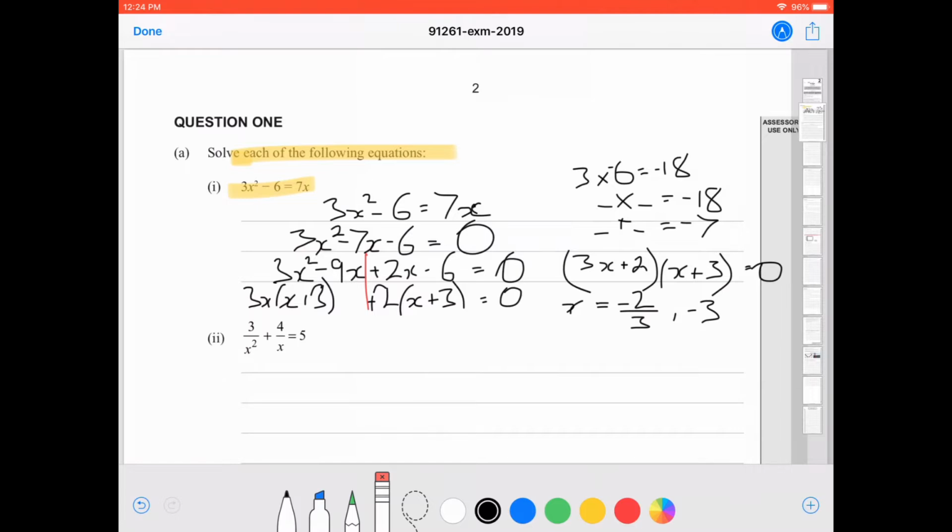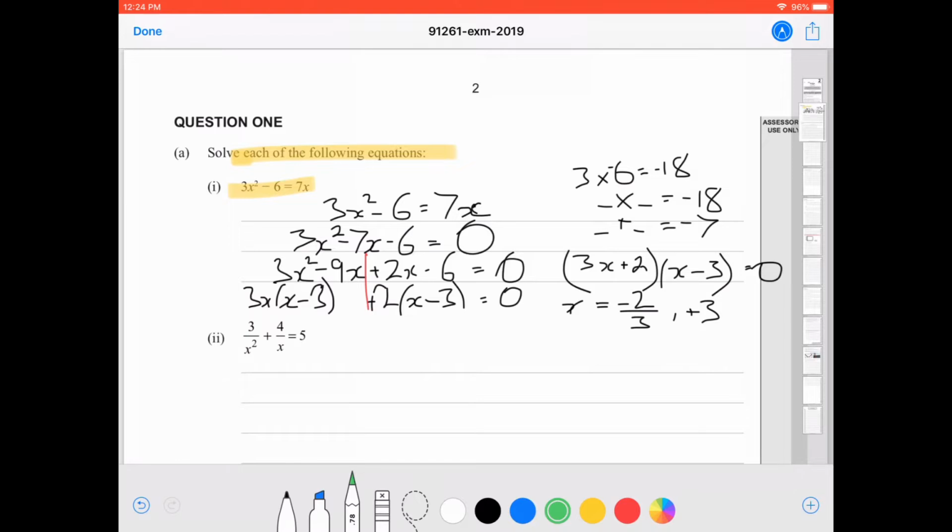Mistake. So we're looking at negative 3 inside the brackets. So we've got minus 3, minus 3, minus 3, and so this makes our answer for x as positive 3. Okay, small mistake there. Anyways, correct solutions, x equals negative 2 over 3 or 3 gets you the achieved grade here.